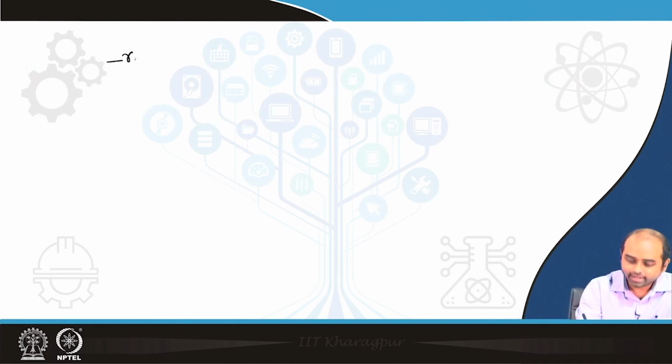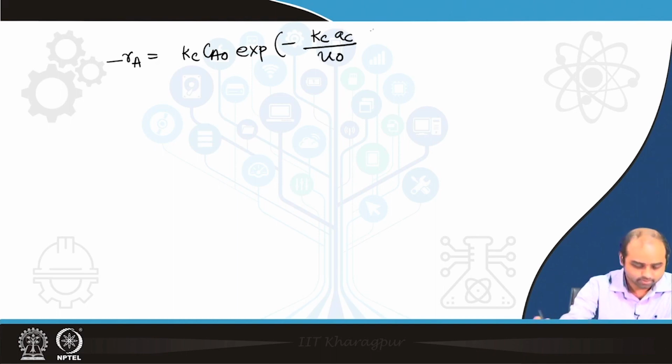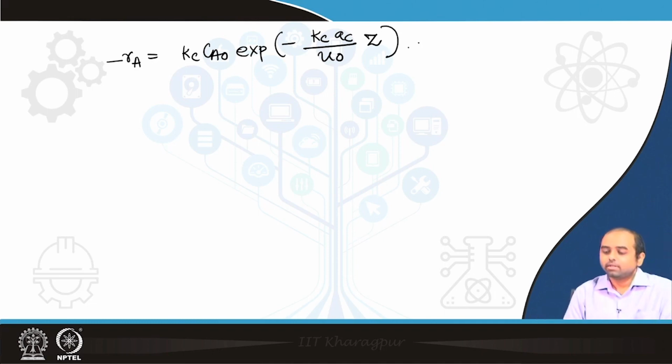So, the minus R A can be written down like this. Right, how the reaction rate actually varies along the length of the reactor, and this can also be quite useful for estimating the size of the reactor, like what should be the degree of conversion that you want to achieve.